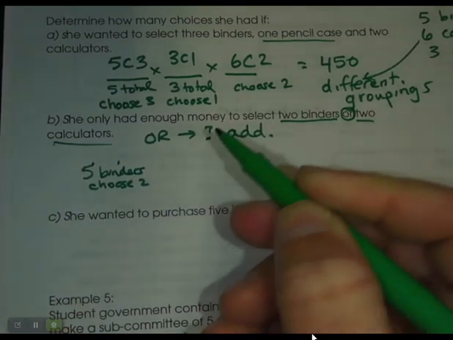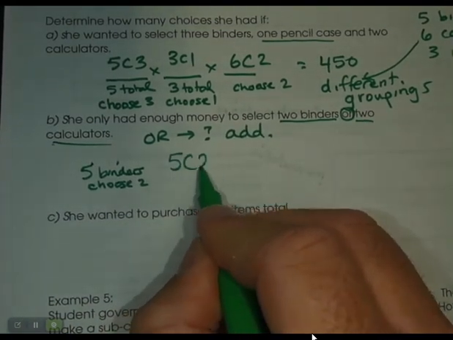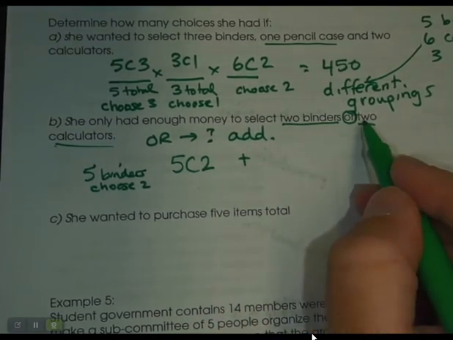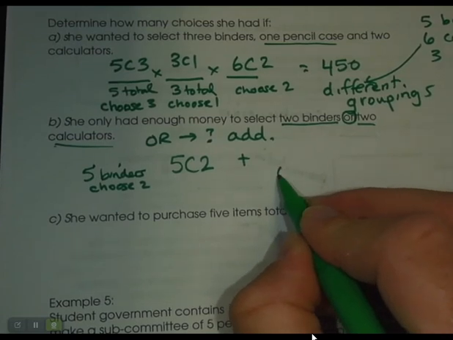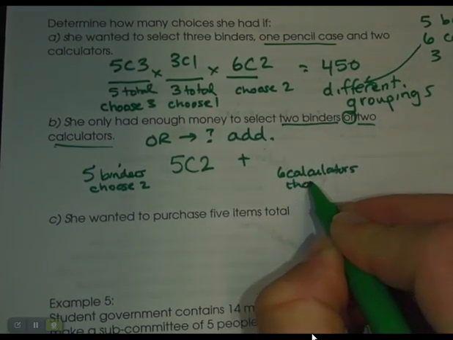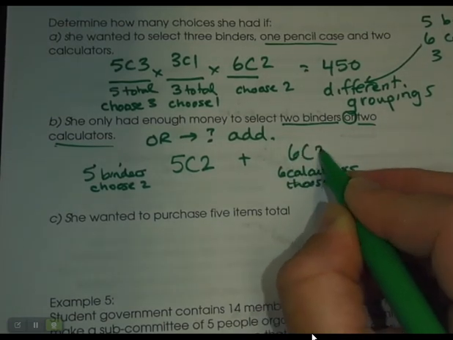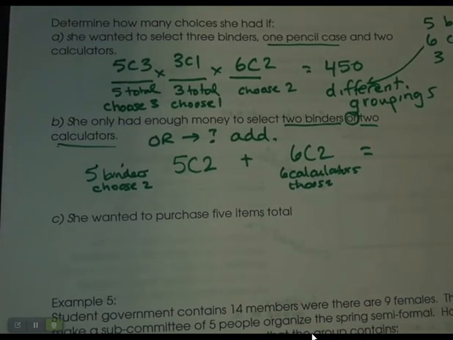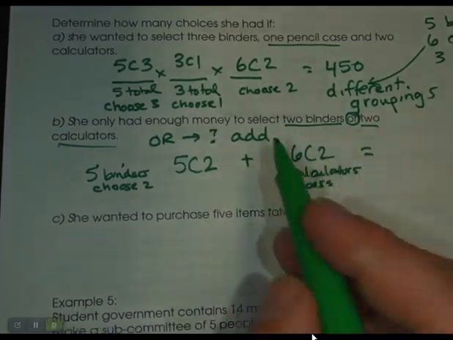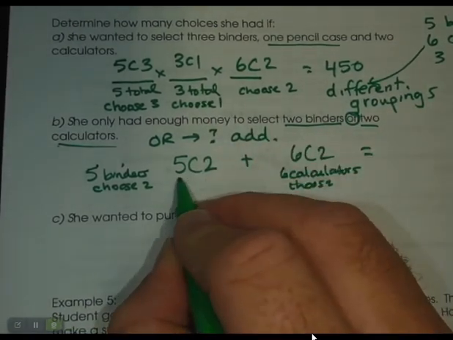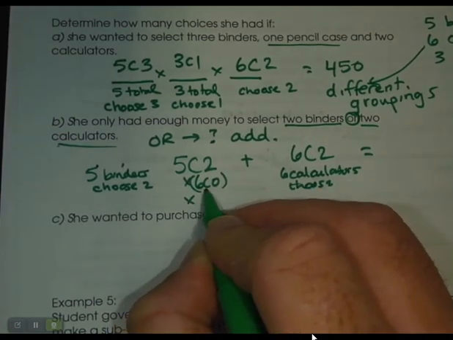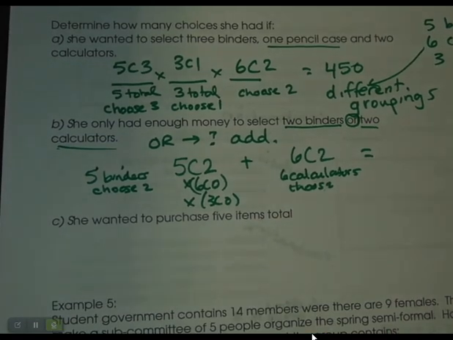Choose 2. Or, so I'm adding 2 calculators. Well, I have 6 calculators to choose from. I choose 2. And I get that answer, because I'm not choosing any of the other ones. So technically I can go 6, choose 0, times 3, choose 0.